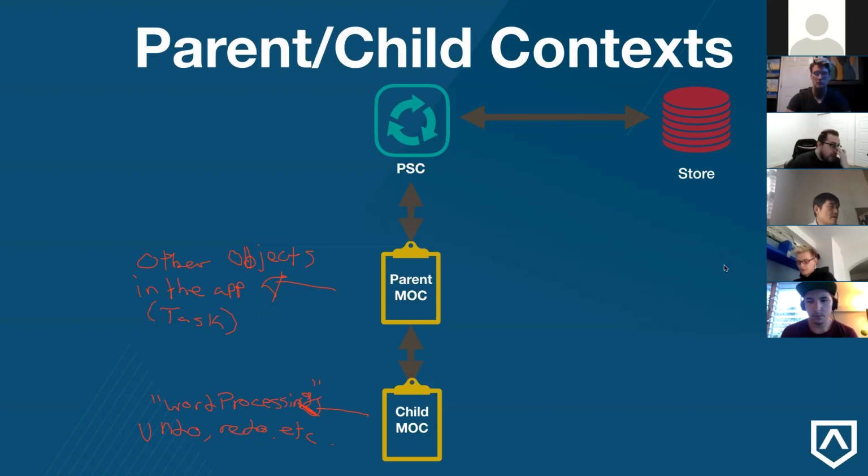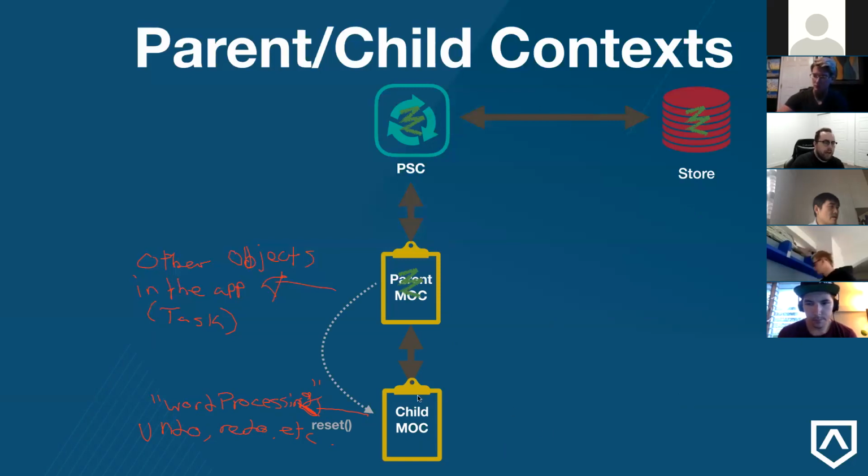There's one thing that we need to do though. It doesn't really make sense in the context of the word processing app, but maybe the parent managed object context makes some changes and the child needs those changes. If you save those, it just goes up there. But if you don't, you can either call the child context's reset and that will throw those down, which is sort of the old way of doing it.